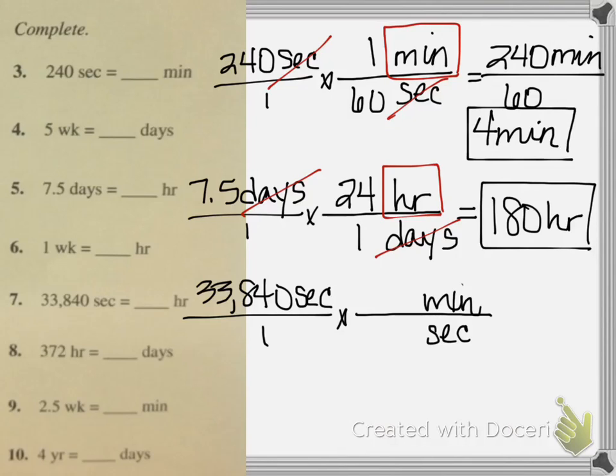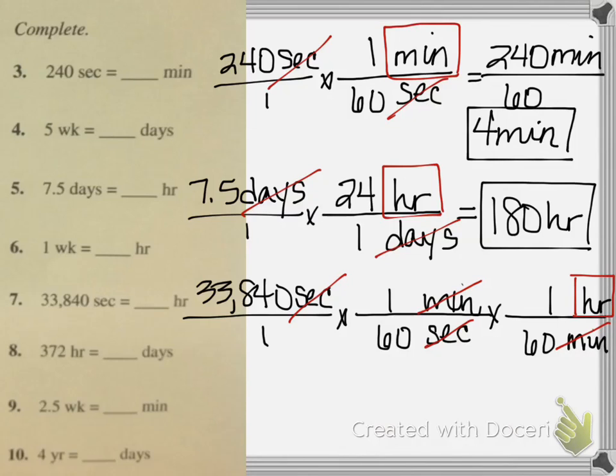We know that there are 60 seconds in 1 minute. And then I can make the final jump of minutes and hours, because I know that there are 60 minutes in 1 hour. The key again to this is getting all of your units to cancel in the way that you want them to cancel, leaving you with the unit that you need, which is hours.